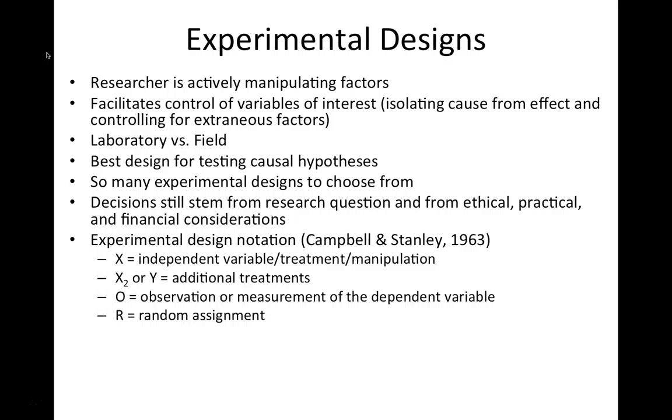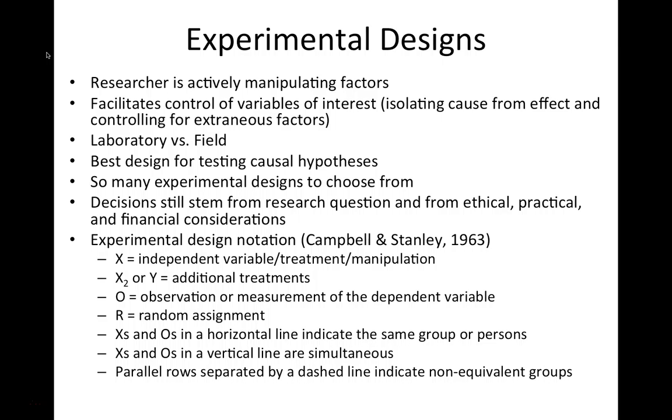So I'll go over fairly quickly some of the notation for experimental design. A lot of what you see about experimental design will have some of the same authors in the 60s, 70s, and a bit beyond. You'll see Campbell, which is one of the sort of seminal texts on experimental design. You'll see Shadish, Cook and Campbell, some variation of those names.